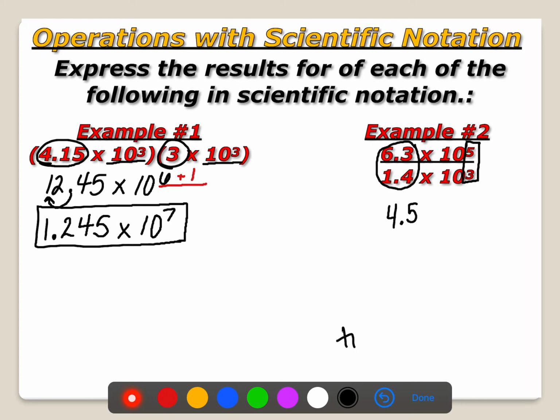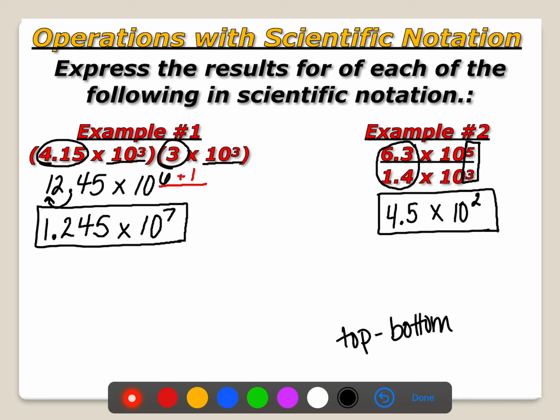So for division, you're always going to subtract the top minus the bottom. So I get 10 to the 2nd in this example. 4.5 follows scientific notation, so I don't need to adjust. And that's my final answer.